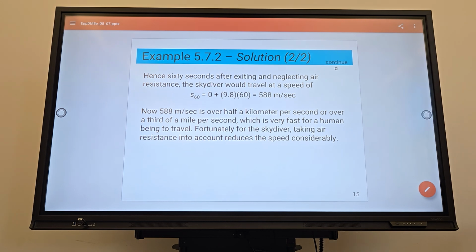Of course, that's over half a kilometer per second, or over a third of a mile per second, which is very fast for a human being to travel. But there's air resistance to take into account, and terminal velocity and all that sort of thing reduces the speed at which the skydiver is falling considerably.